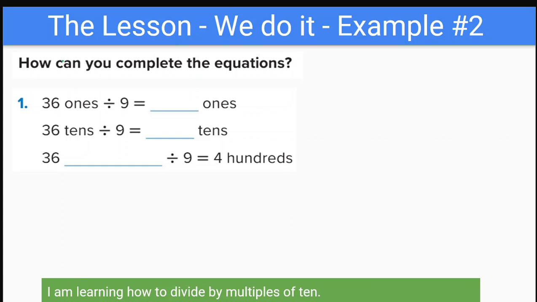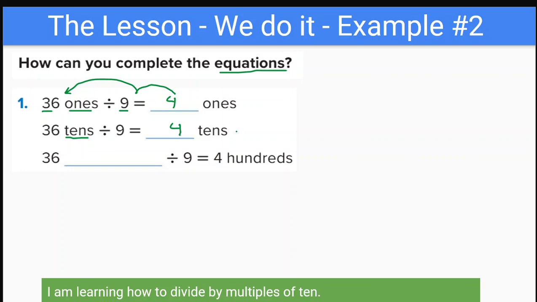All right, how can you complete the equation? An equation is a number sentence, okay? So it says this, you have 36 ones divided by 9 equals how many ones? Right, that equals 4, because 4 times 9 is 36, okay? Now they change it to tens, and they say, well, 36 tens divided by 9 equals 4 tens.